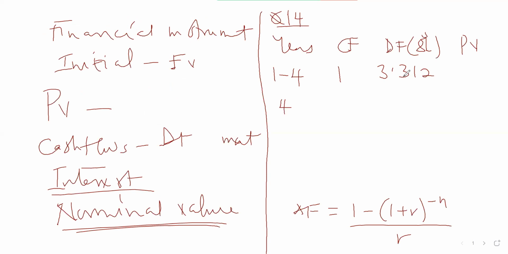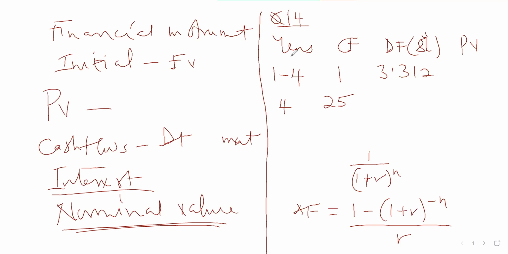But at the end of the 4th year, what are we going to do? They are going to pay us our principal, 25 million. Am I correct with that? Okay, and this is a one-time payment. So what will be the discount factor? We use a discount factor for this one, and that will be 1 divided by (1 plus R) exponent n. This is just one amount that you are going to receive. It is a lump sum.